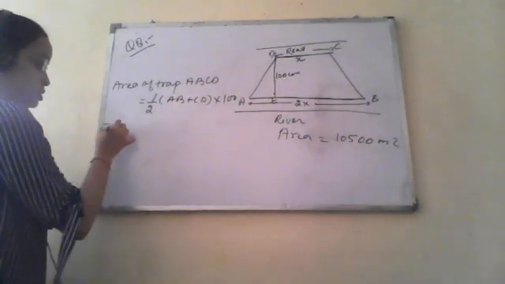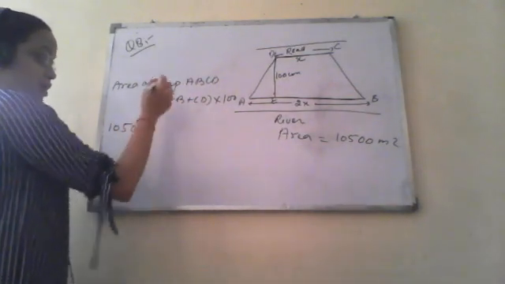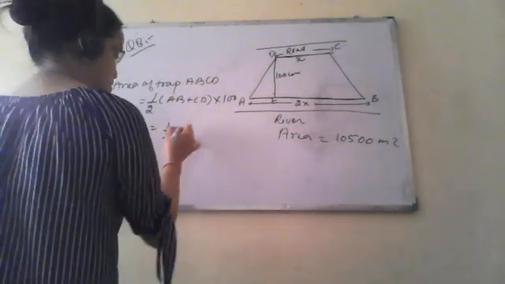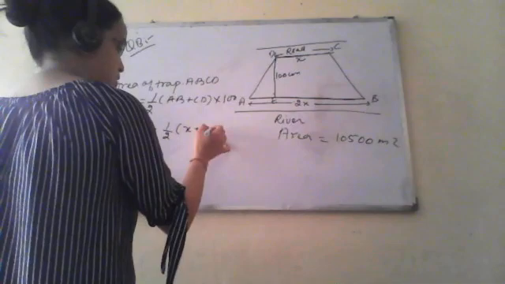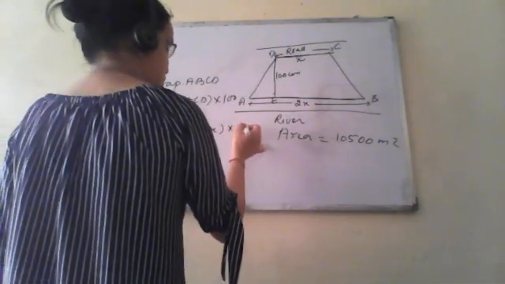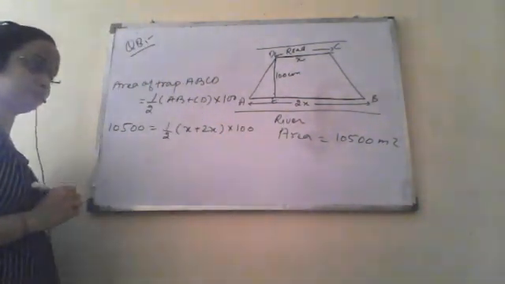Okay. So this is given, the area of the trapezium is given, 10500. This is x and this is 2x. So x plus 2x into 100. Clear?